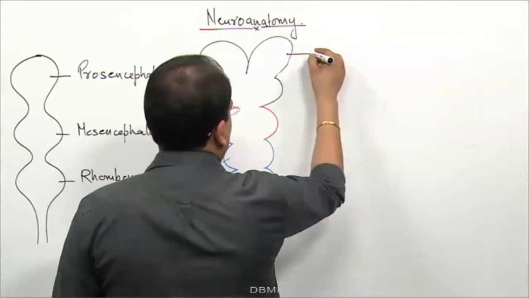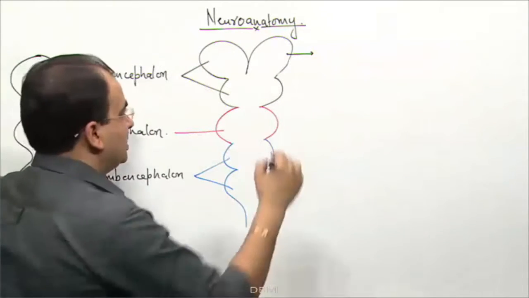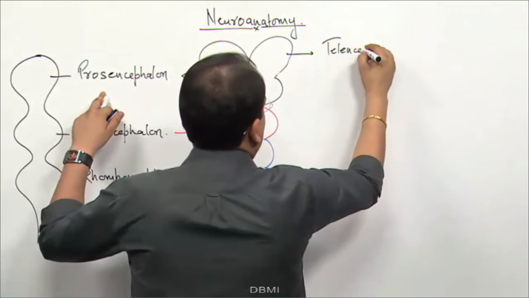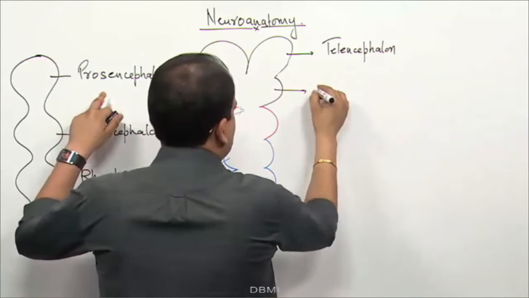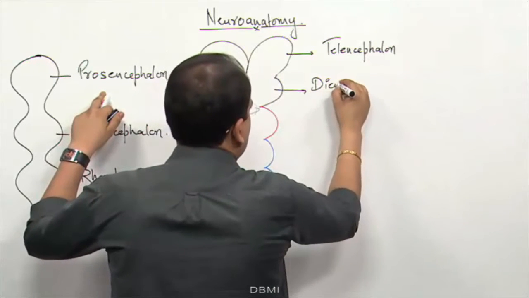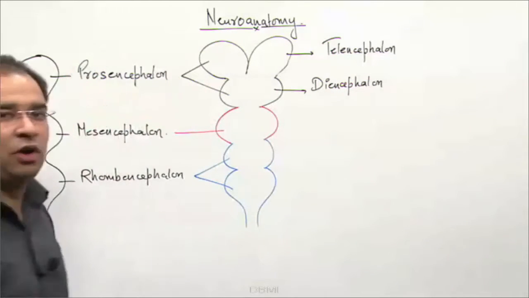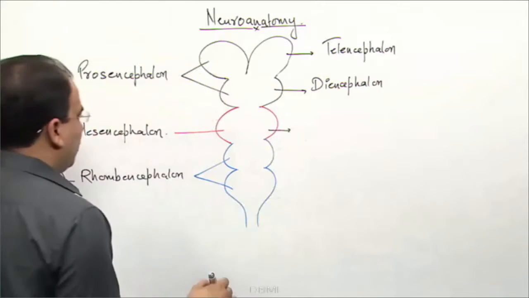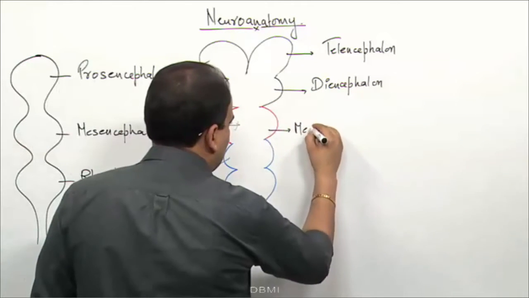Now this subdivision of the prosencephalon is called the telencephalon. This one is the diencephalon. The telencephalon, the diencephalon. No further subdivisions of the mesencephalon, so as I said, it will stay as mesencephalon only.